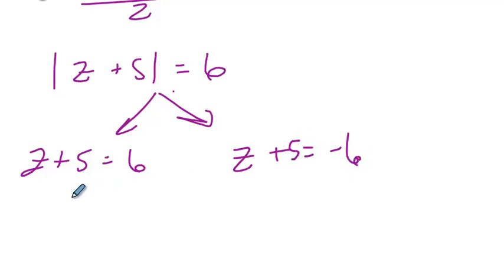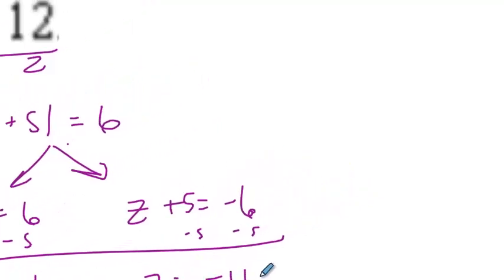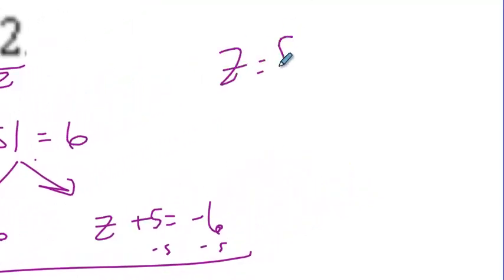Okay, so subtract 5 from each side. When I do that, I'm left with z is equal to 1 and z is equal to negative 11. So z is equal to the set negative 11 and 1. This is not an ordered pair, just so we're clear on that. This is a list. It's a set.